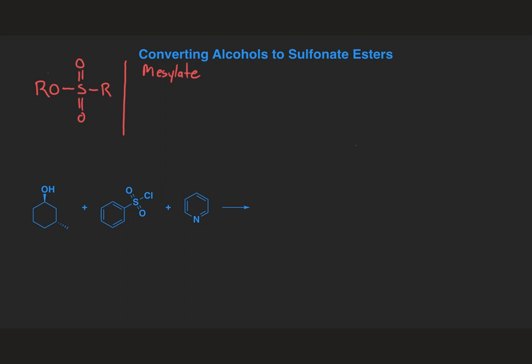You will often see that abbreviated as OMS. And a mesylate is a sulfonate ester in which this R group is a methyl group. Another common one is a tosylate.